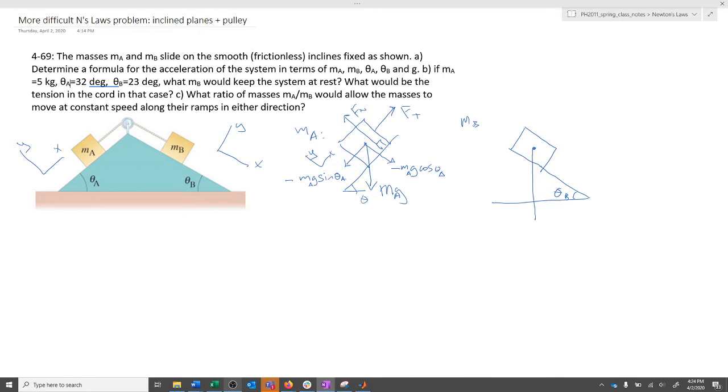Same kind of thing: we would have mBg, the force of gravity down, and the normal force pointing perpendicular.